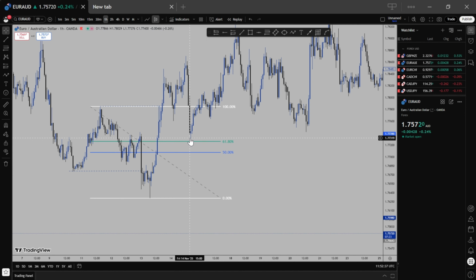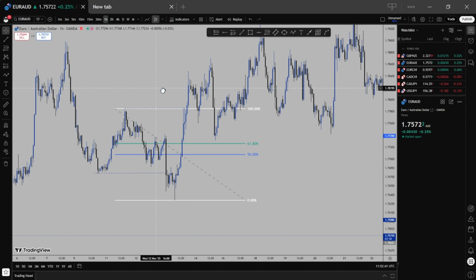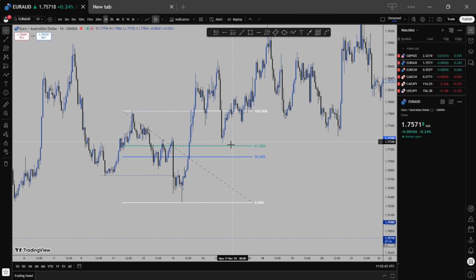But why this is not considered a structural liquidity is because of this key factor: your structural liquidity should be at the 50% or below the 50% of your fib, because this is where the money is, guys. Your structural liquidity should be close to the money. If there's a lot of gap between your structural liquidity and where the money is, then you're likely identifying the wrong place as your structural liquidity.